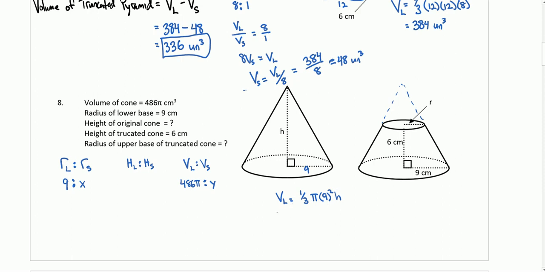Plug that volume in. We got 486 pi equals 81 is 9 squared, divided by 3 is 27, pi times h. Divide 486 pi by 27, and we get 18. And that's the height of the larger cone, so we know that's 18.